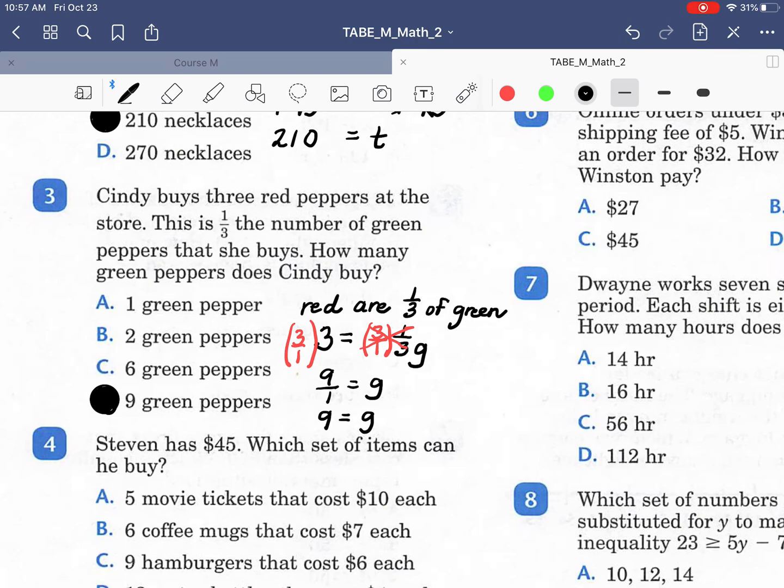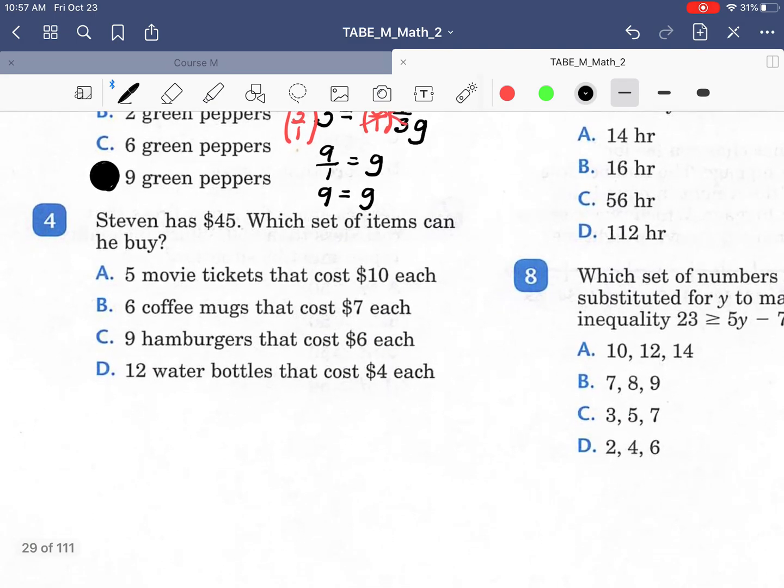Number 4. Stephen has $45. Which set of items can he buy? 5 movie tickets that cost $10. So 5 times 10, that's 50. So he can't buy those. 6 coffee mugs that cost $7 each.